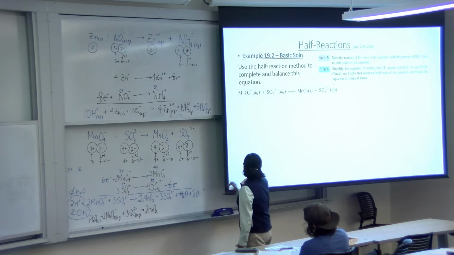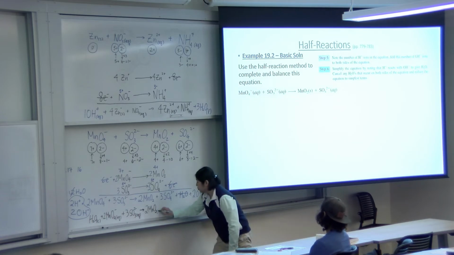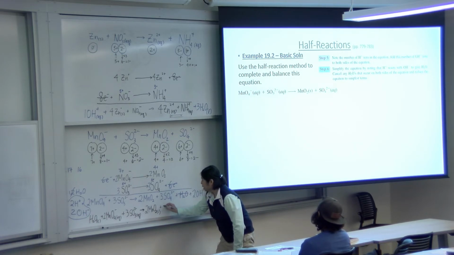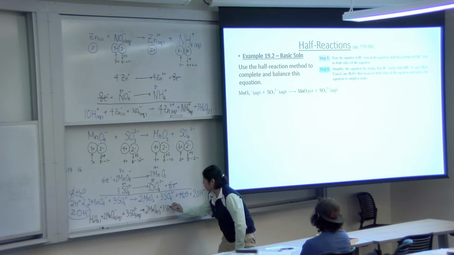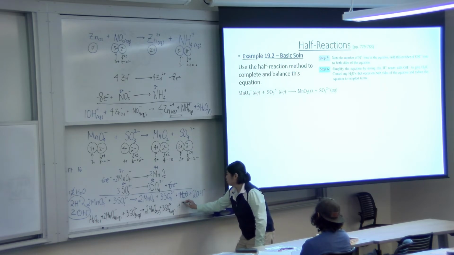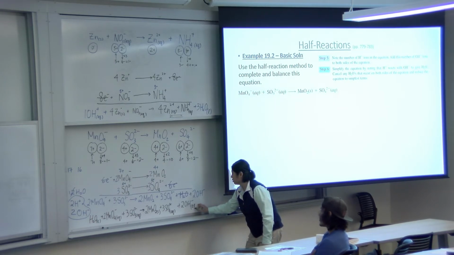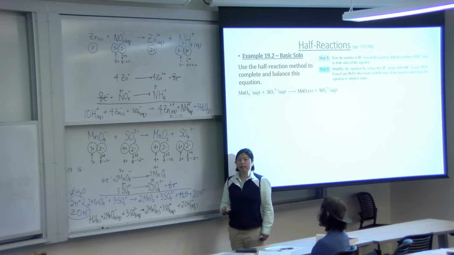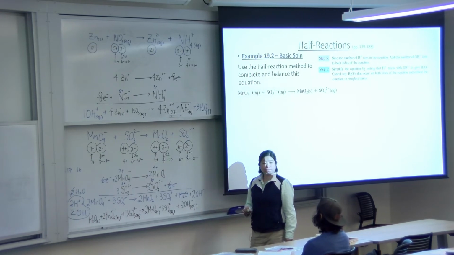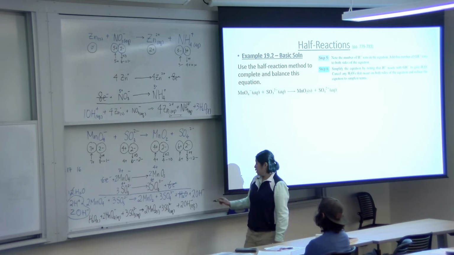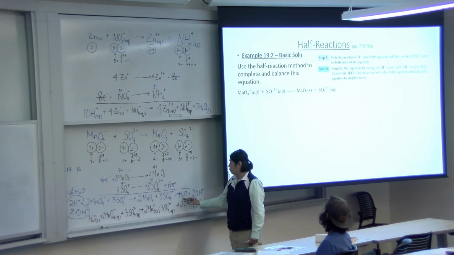Manganese oxide here should be a solid, plus 3 sulfates, and then you end up with your 2 hydroxides. And just like your H pluses, your hydroxides should be aqueous. Okay? Any questions?